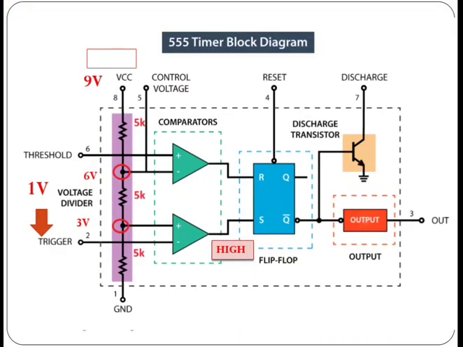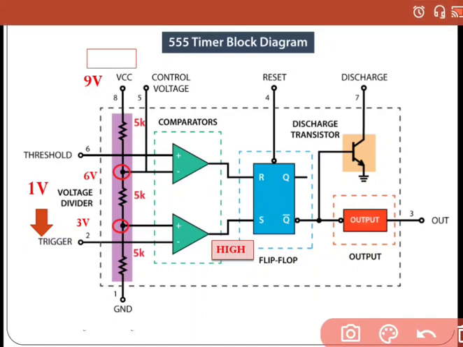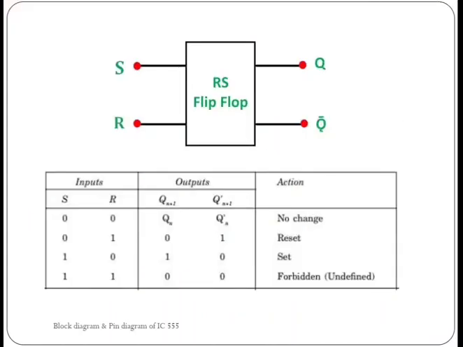Now these two comparators' outputs are going inside the SR flip-flop. So what is going on inside that SR flip-flop? We will first see the SR flip-flop truth table. So this is the SR flip-flop.